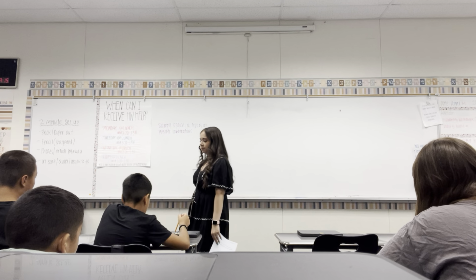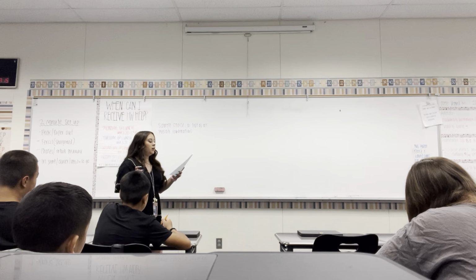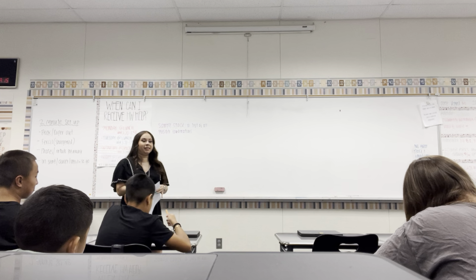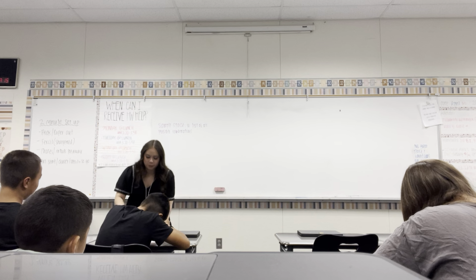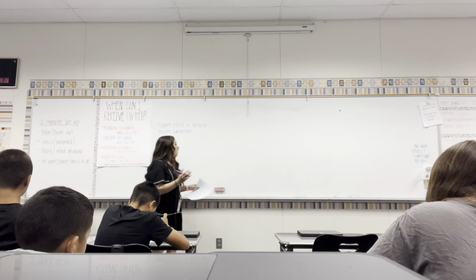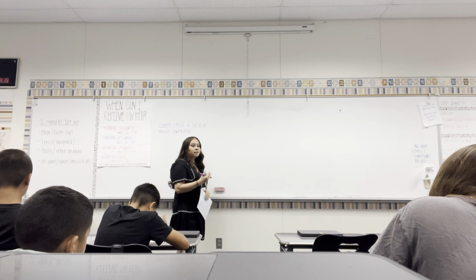A, B, C, right? I don't lose any options just because I spin it a second time. So, we're going to make a tree diagram to list out all the combinations. It's kind of like making your sample space, but in a little bit more organized way. So, at the top, I list off the options for the first one. My first spin, I can either spin A, B, or C.